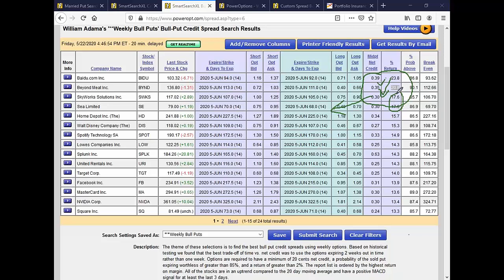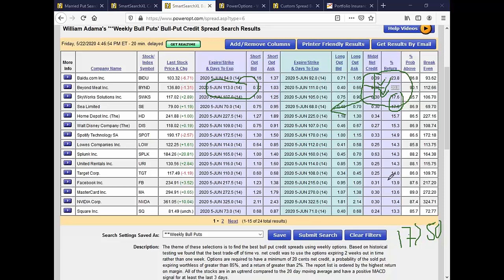If the stock really took off in the first 5 or 6 days, and I could liquidate this position for only a 17-cent debit, meaning I'm keeping 50% of what I invested, I am not doing that. I am going for the full profit on the position.